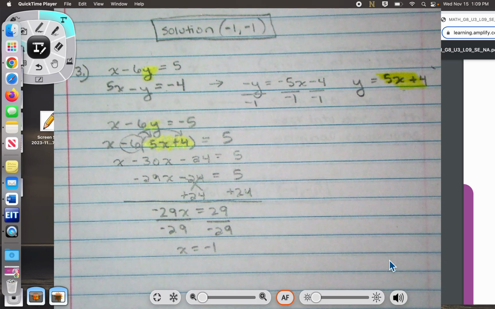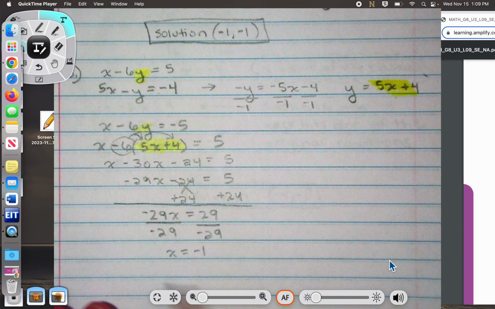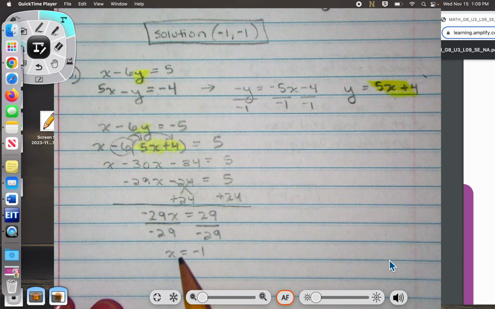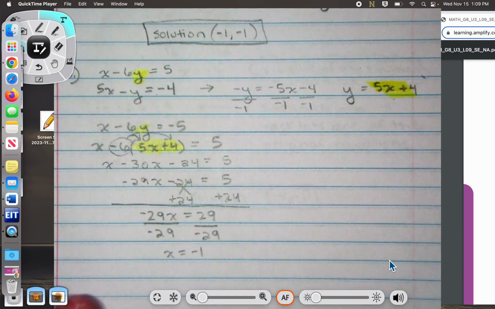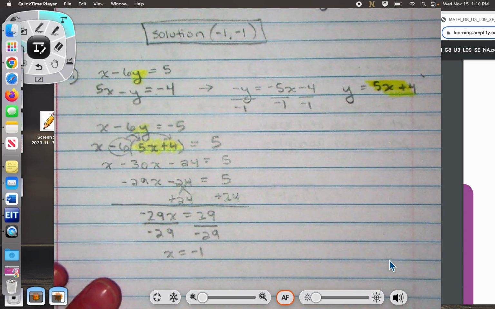All right, so what am I going to do with this x? Stella. You're going to plug it back into 5x minus y. Whichever one's going to be easier for you, right? We're going to put it either into the first one or the second one, whichever one makes more sense to you.